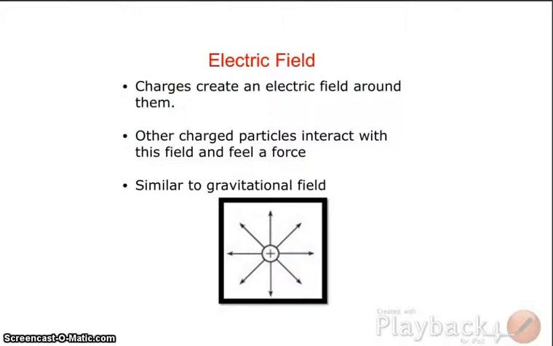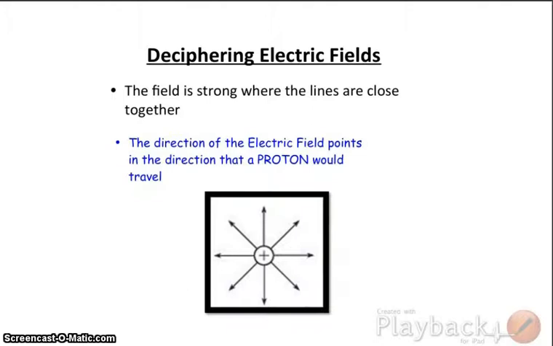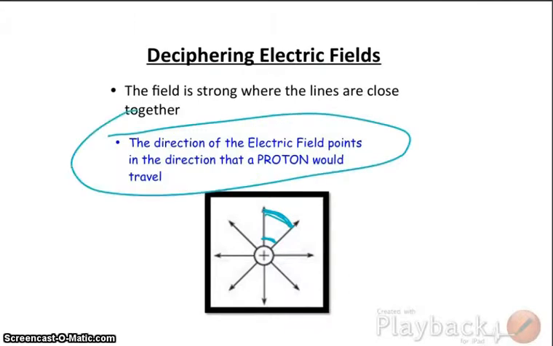Okay? Now, when interpreting electric fields, the field is stronger when the lines are closer together. So right here, the field is stronger than it is here, because the lines are closer together. Also, the direction of the electric field: you see how these all have arrows pointing out?